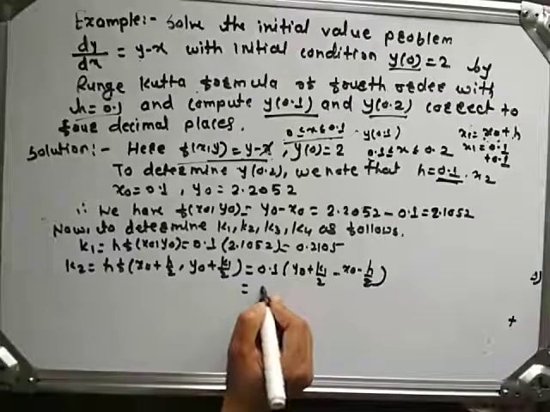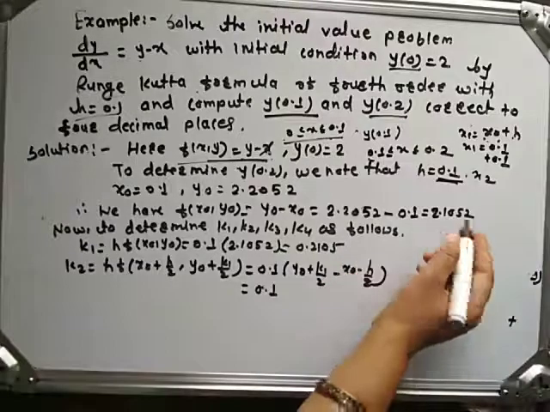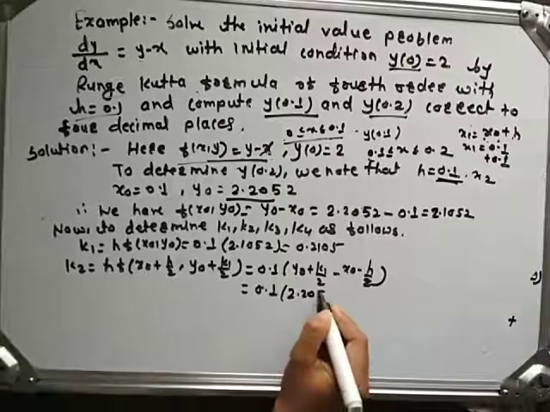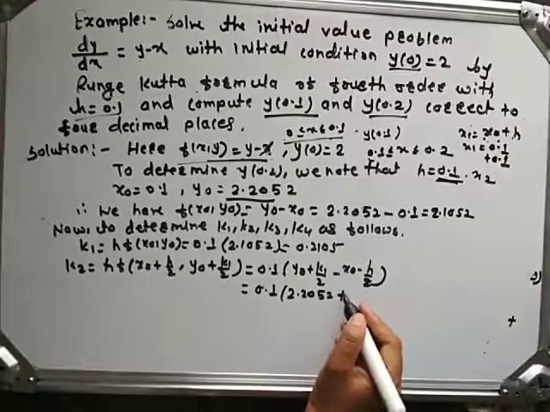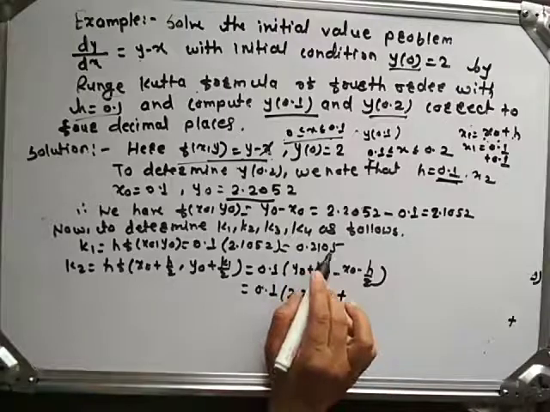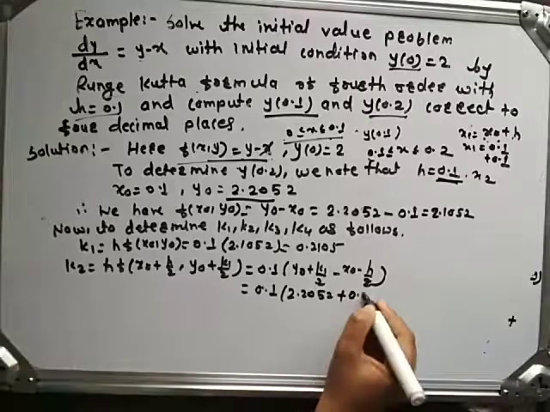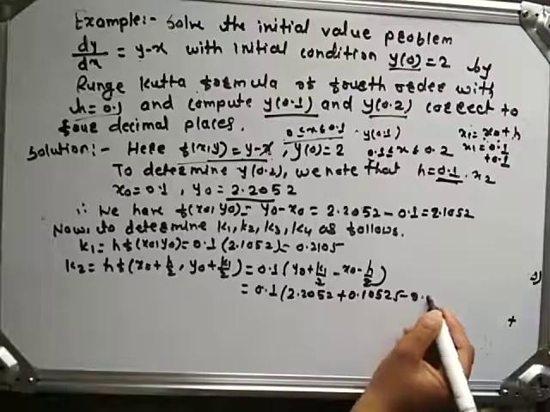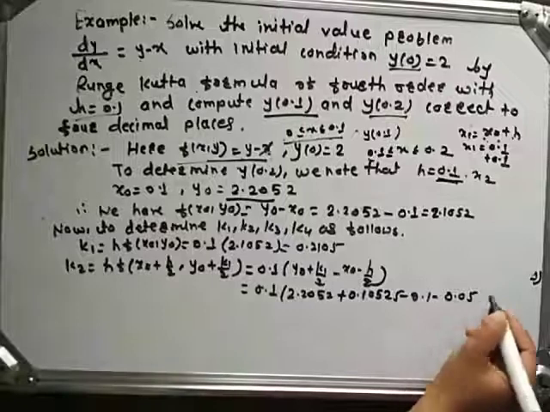So this is 0.1 into y0, which is 2.2052, plus k1 upon 2, that value is 0.10525, minus x0 which is 0.1, minus h by 2 which is 0.05.